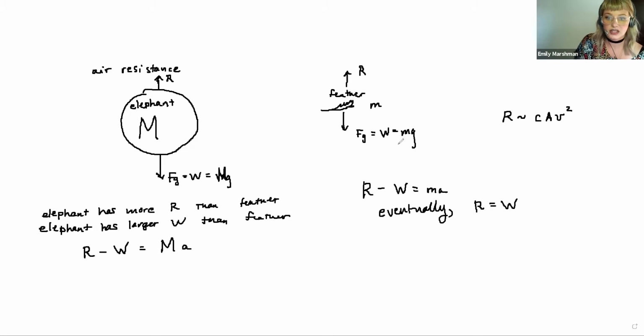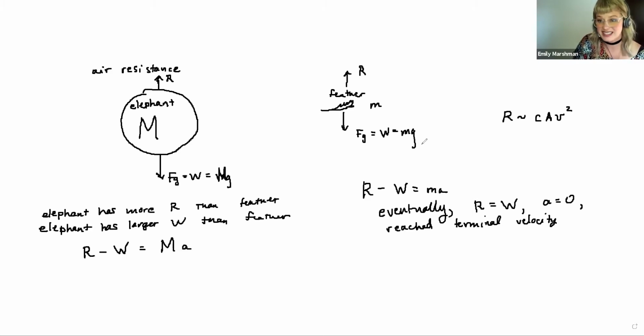So this feather is only going to accelerate for a short time because once the air resistance becomes equal to the weight, the acceleration is zero. It's no longer accelerating downward, and we would say that it has reached terminal velocity. The feather's terminal velocity is very low because this thing doesn't accelerate very much.